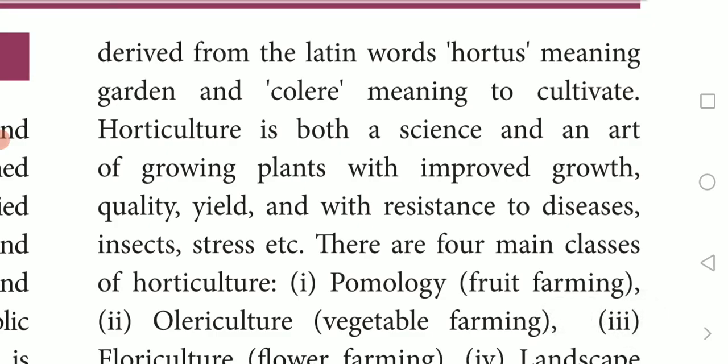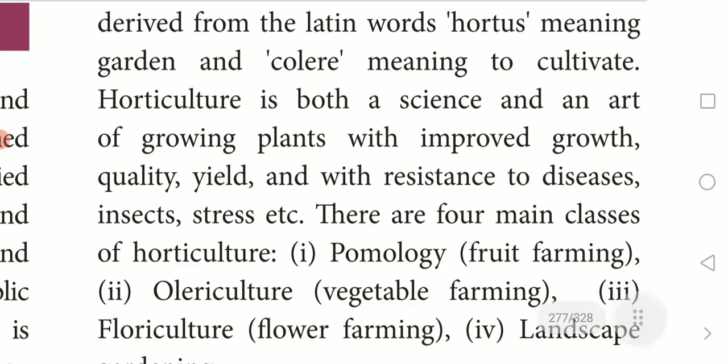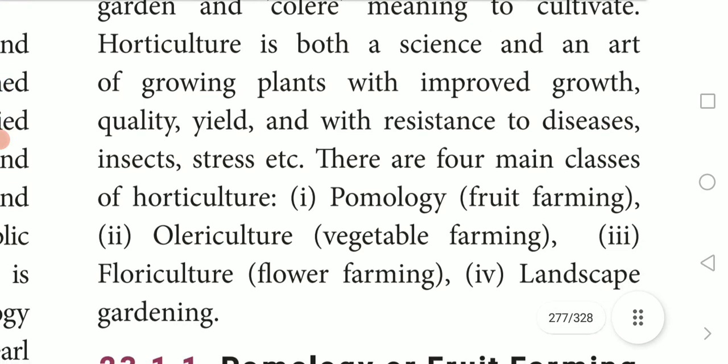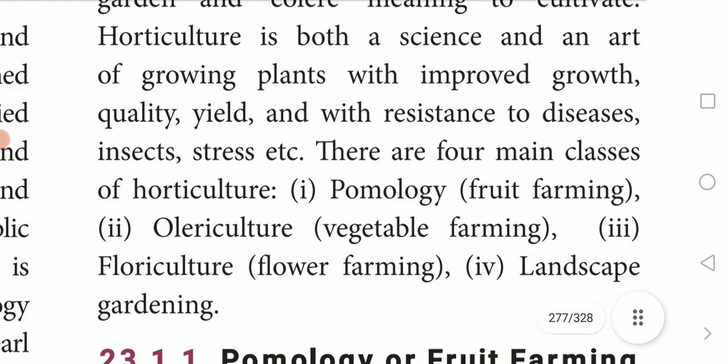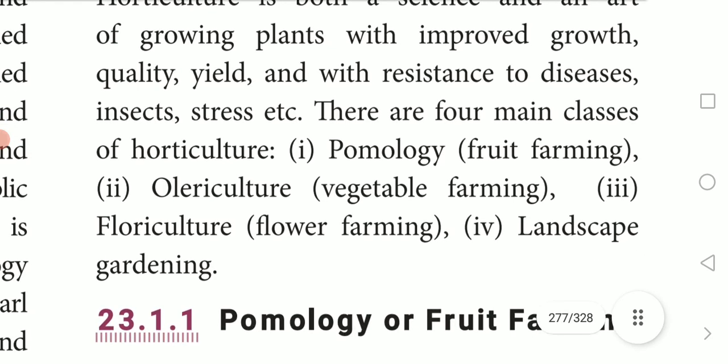So horticulture is both a science and an art of growing plants with improved growth, quality, yield, and with resistance to disease, insects, stress, etc. There are four main classes of horticulture. What is horticulture?